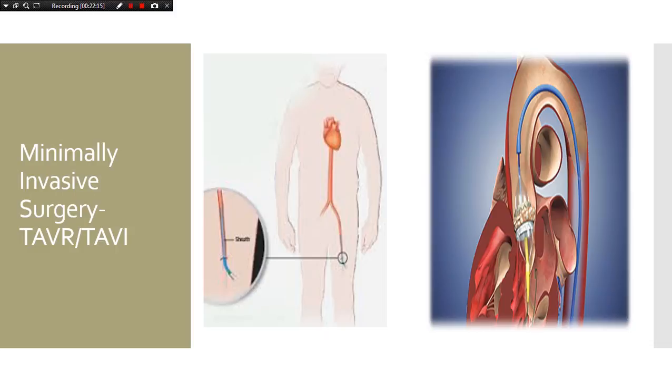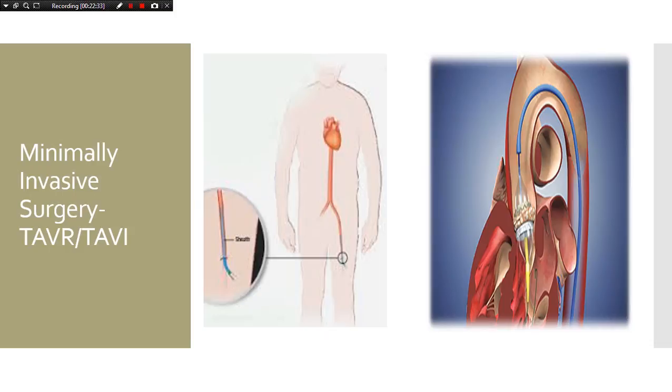So other more common procedures that are being done to replace aortic valves, more minimally invasive, are the TAVRs and the TAVIs. And the TAVR is very similar to a cardiac catheterization approach.